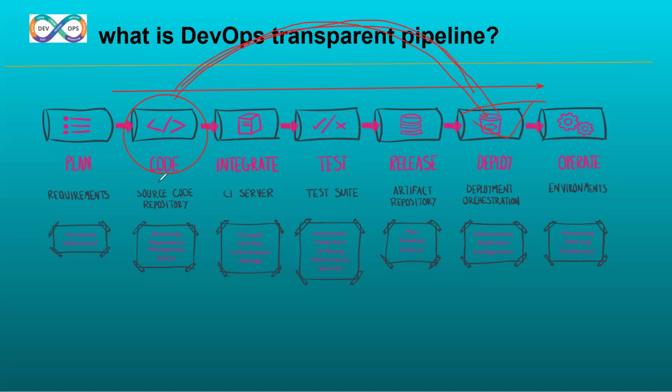We deliver it into the production environment within the shortest time, with high quality, low cost, and low failure rate. That is exactly what the DevOps process is.